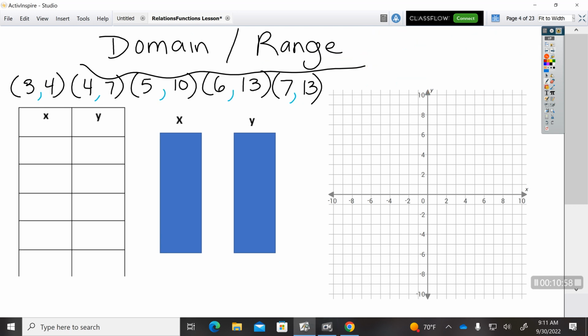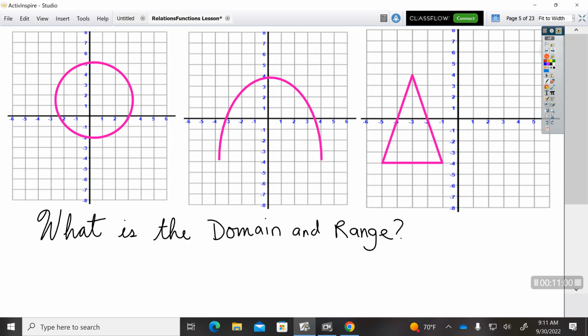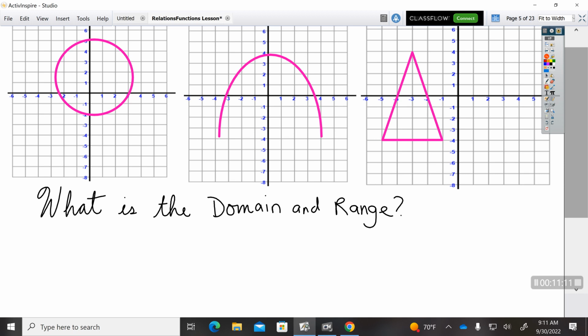All right, let's move over to the next section, which is the one with the graphs. So go to the pink graphs. We just talked about domain in terms of points given to you. Now let's talk about graphs. Domain, does it deal with x's or y's?